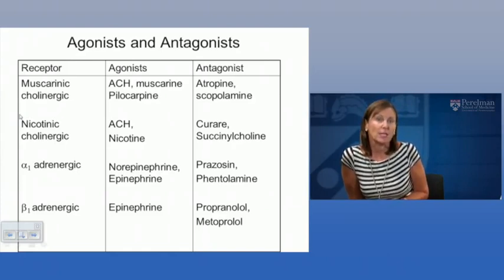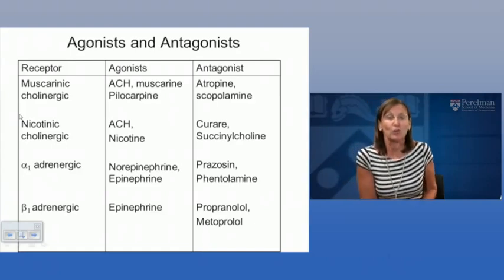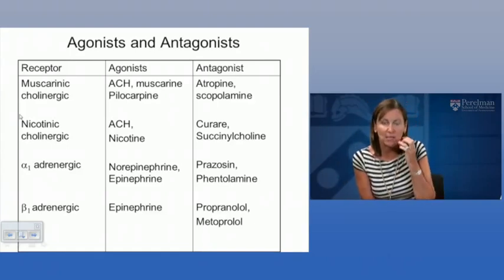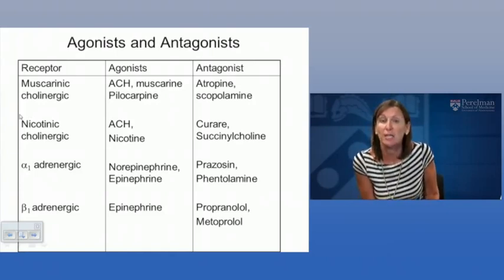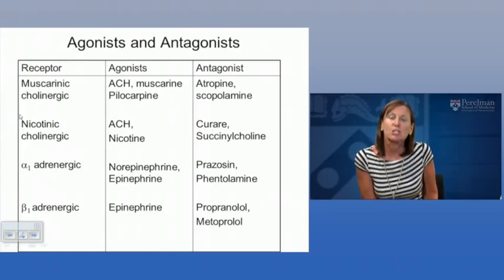So the muscarinic cholinergic receptor, the natural agonist is acetylcholine. We also have synthetic drugs, pilocarpine, for example, and then antagonists, atropine and scopolamine. Atropine, we've talked a little bit about before, antagonizes the impact of acetylcholine in the heart and causes an alteration in heart rate.